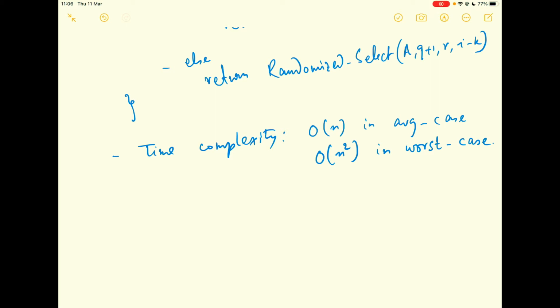Okay, and why can this worst case happen? Because the pivot could be really bad.